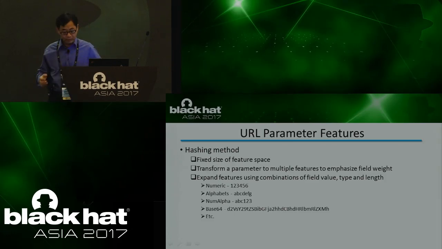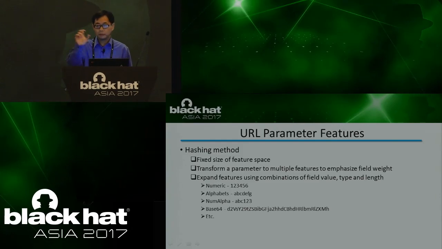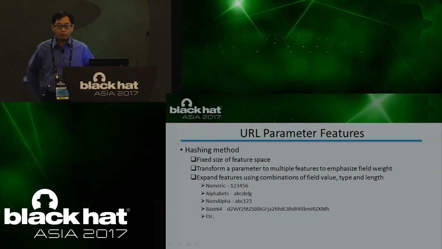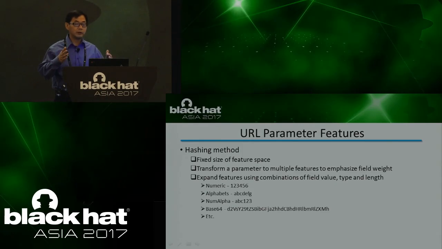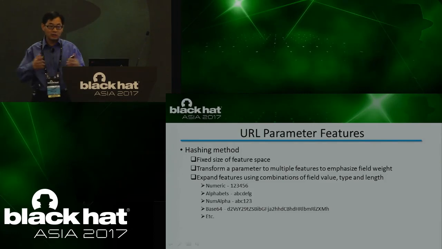Okay, the other method we use is the hashing method. So why do we use hashing? Because when we look at, say, one URL or its parameters, it normally doesn't have that many, probably tens or maybe hundreds. So when you convert this string to your billion-dimensional feature space, it's very sparse.